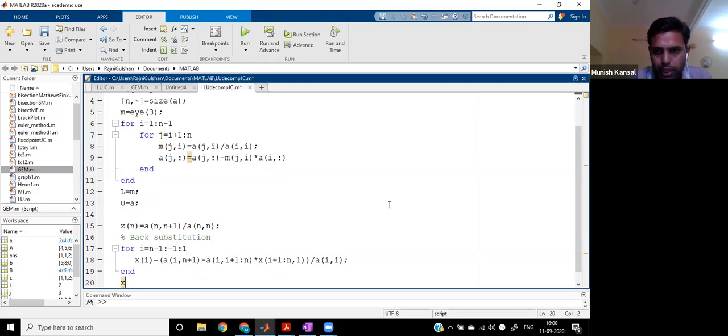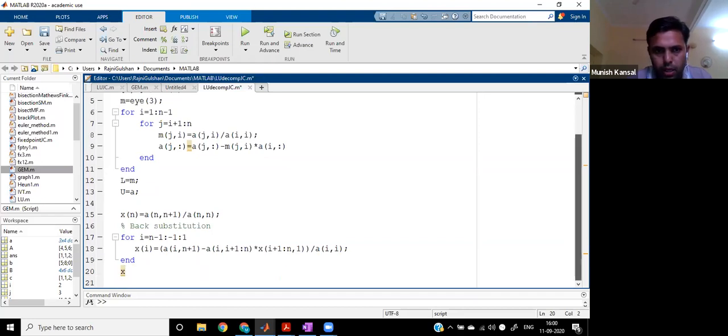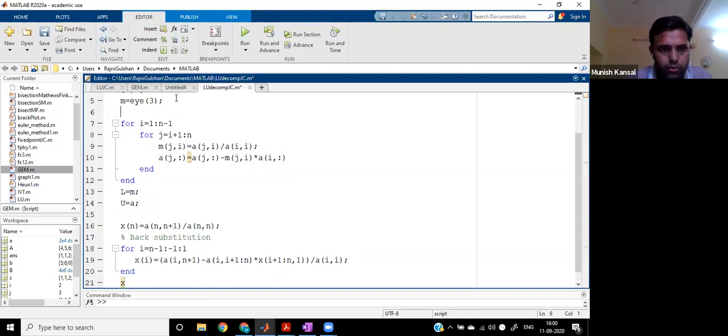Now what else do you want to change in the program? This is okay, this is for back substitution. The upper program is for forward elimination, you can say. I should write down forward elimination. I have broken the program into two parts, forward elimination and backward substitution. Now this will not work directly. Why?